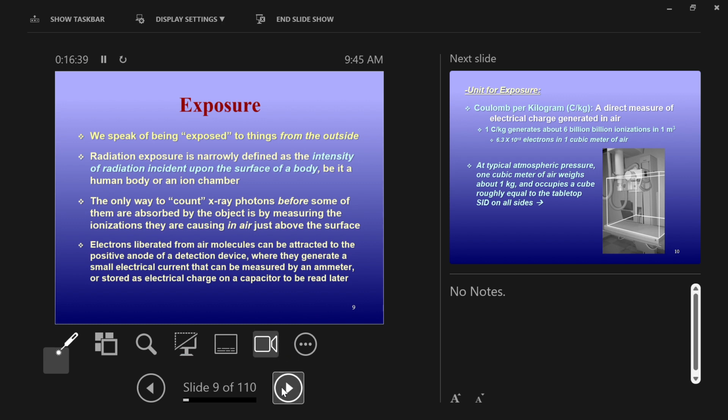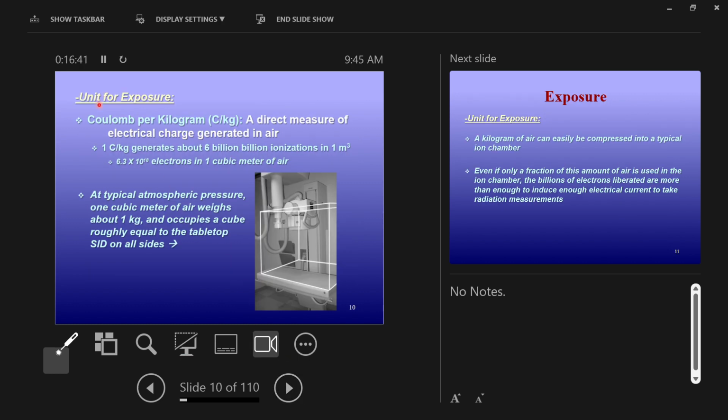Okay, so now the unit for exposure. The unit for exposure is called the Coulomb per kilogram. A Coulomb, remember what did I just say we're doing? I said we're measuring an amount of electric charge created in the air when radiation happens to the air or the gas inside of a detecting device.